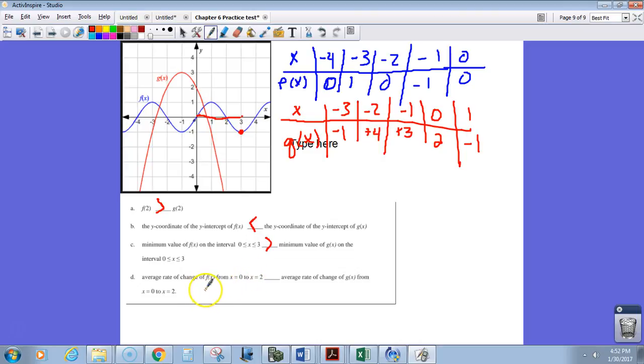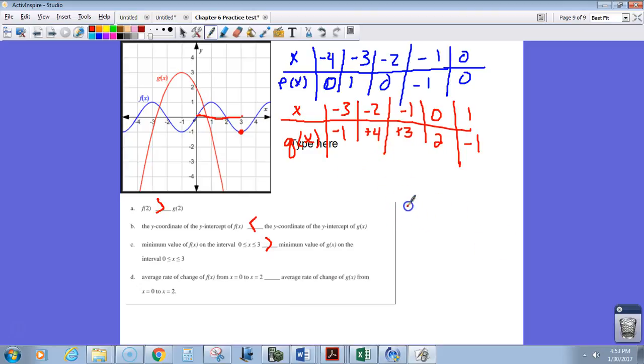The average rate of change of f of x from 0 to 2 and the average rate of change of g of x from 0 to 2. Okay, so what was our two values here? Let's change that from 0 to 2 to 0 to 1 because we don't know what 2 is on the red line exactly. But the average rate of change is going to be to find the slope.